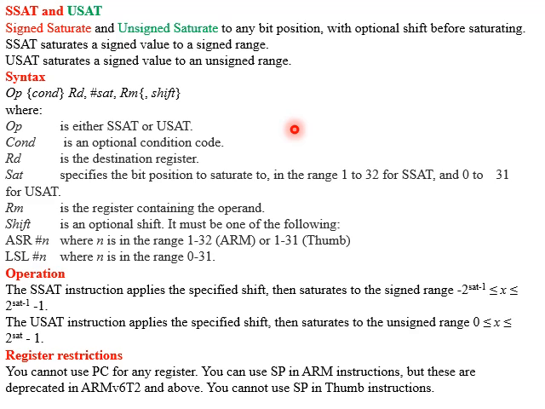Here the syntax is given for SSAT and USAT. They are actually used to saturate at any bit position. For Cortex M3, it is a 32-bit processor, so bit number 31, 30, like that, up to bit number 0 is there.